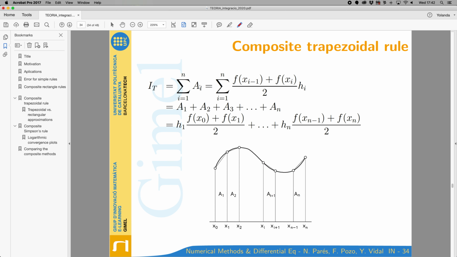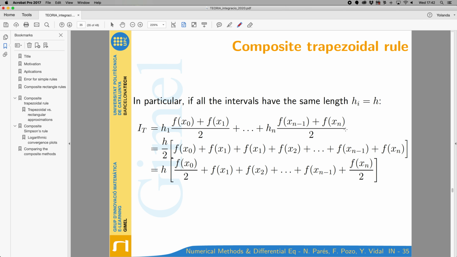So the area of each one of these trapezoids is given by the formulas we derived in the previous lecture from the simple rules. Now, the main difference is that now these are not A and B anymore, but always the left and the right ends of the subinterval I'm studying at the specific time. Okay? And h now can be different in different intervals. So that's how the formula would look like.